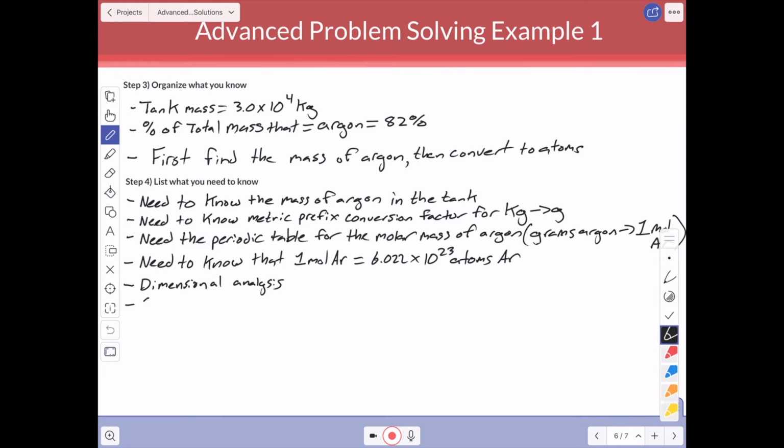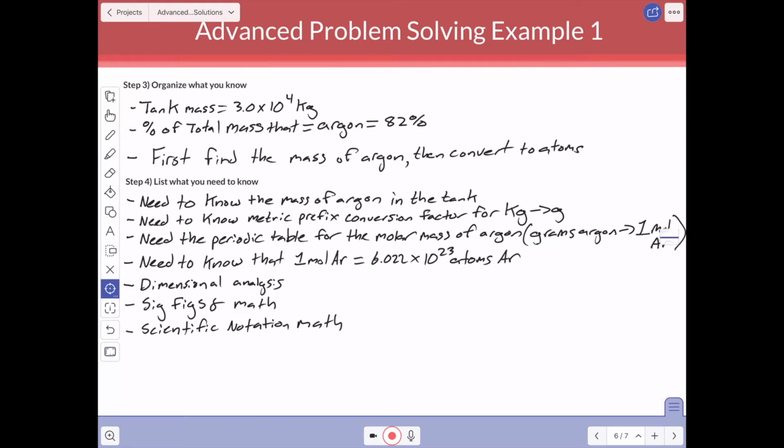We also need to know sig figs and the math associated with it, right? We need to know our scientific notation. Math. Okay. So, things that we're all going to use in the problem. And this is all helping us make our plan.